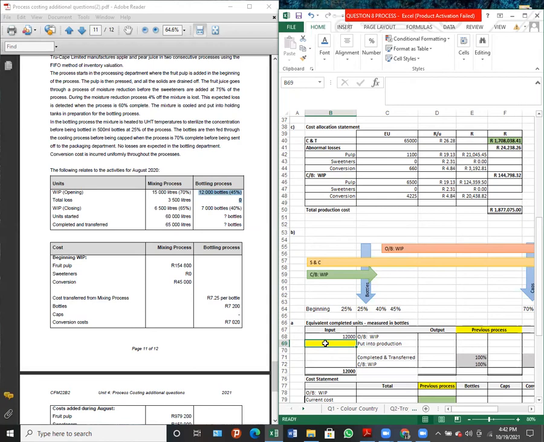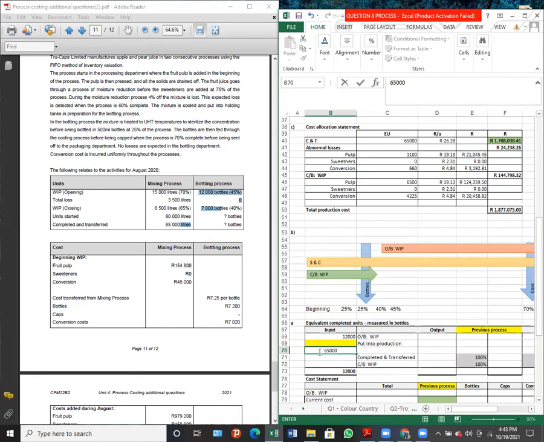Here, guys, we're going to take completed and transferred liters. In mixing, we completed this liter and then it's transferred to bottling, where we're doing the next process.